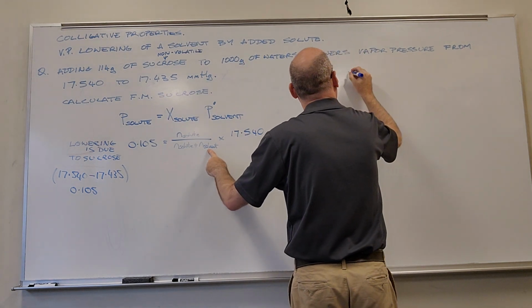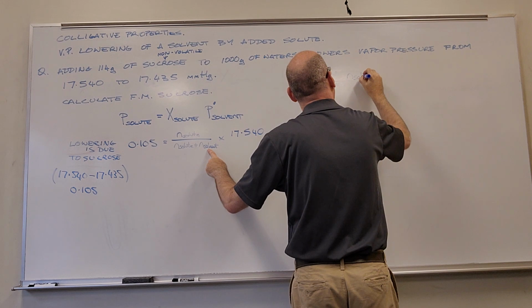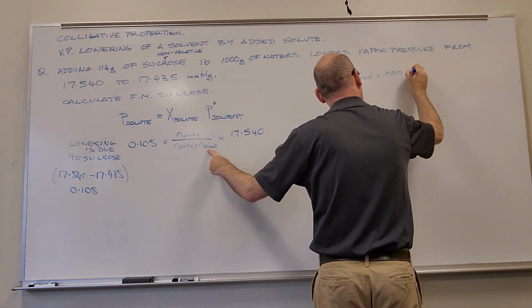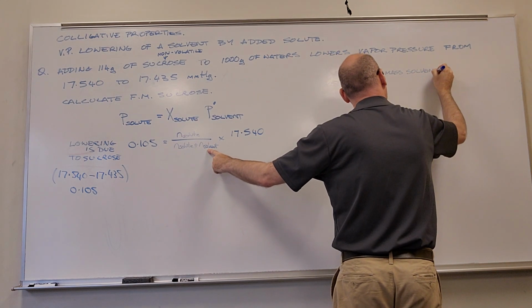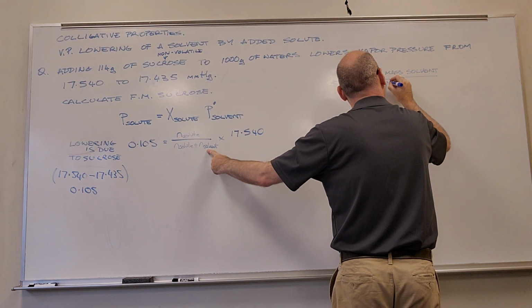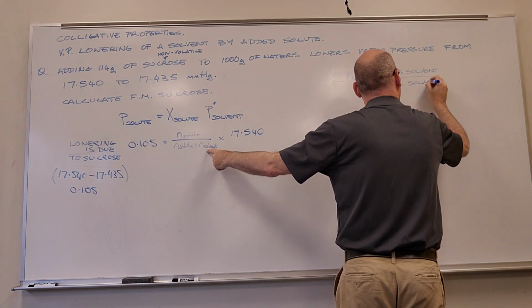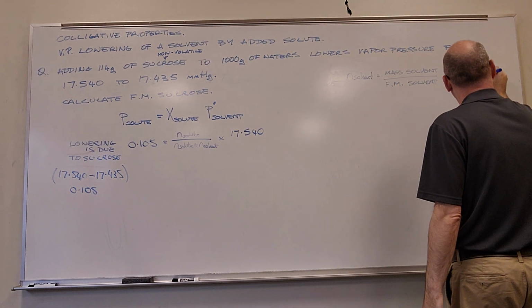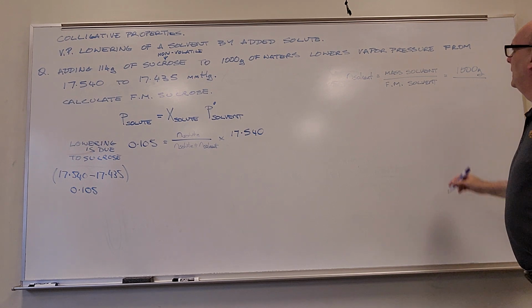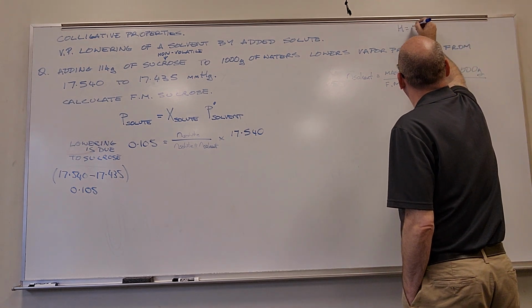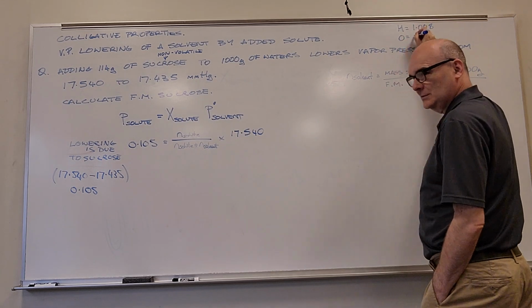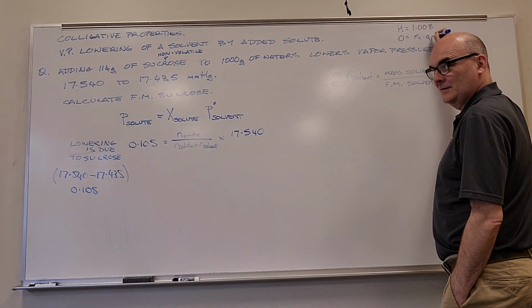The moles of the solvent is the mass of the solvent divided by the formula mass of the solvent. And the solvent is water, and there's 1,000 grams of it. H is 1.008, and O is 15.999. I just say 16.